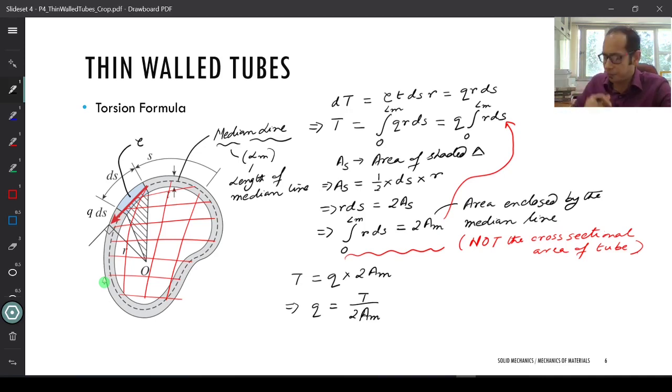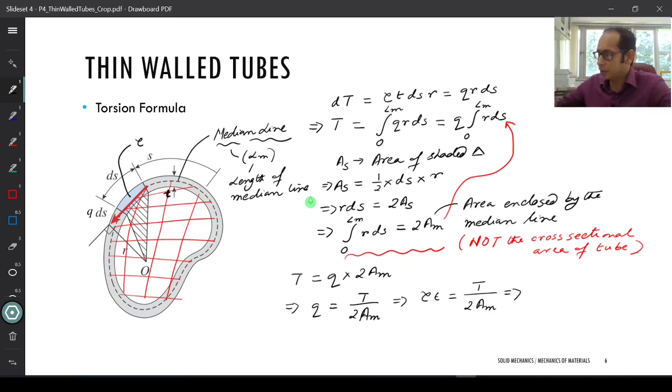If you write it a bit further, and now if I assume that the thickness t remains the same throughout, so you have a thickness t over here at this particular point, it has sort of disappeared behind my red line, so let me just write it again. Say this thickness t is the same throughout, this can be simplified further into writing that tau times t equals T divided by 2 Am, right?